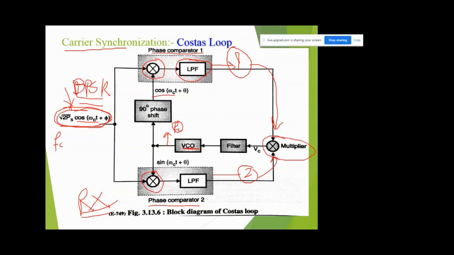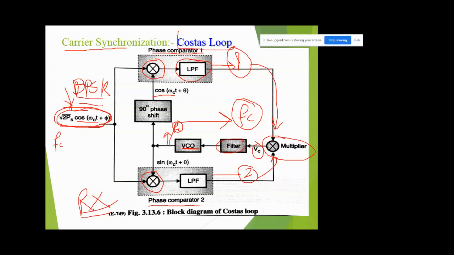From that multiplication we get one control voltage, that is VC, and that control voltage is used to correct the carrier frequency. That will be the filtered control voltage. Once we get the correct carrier frequency, from this point we get exactly the recovered carrier frequency.